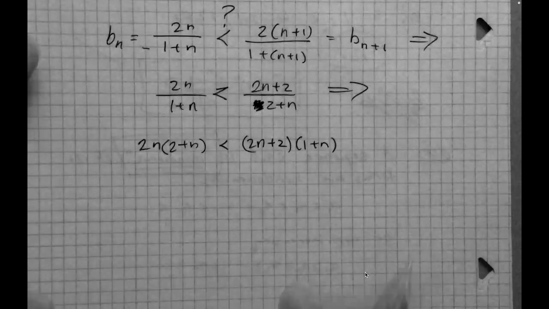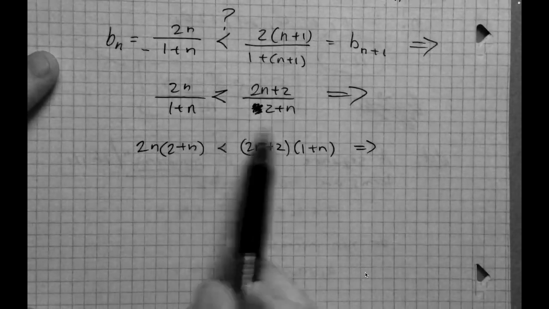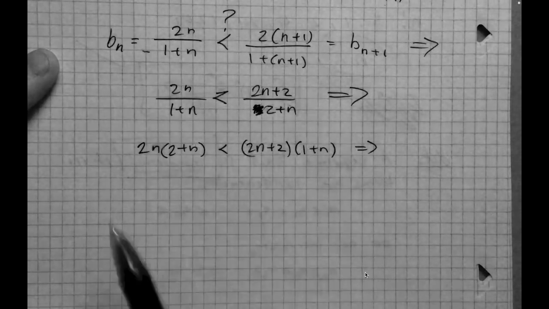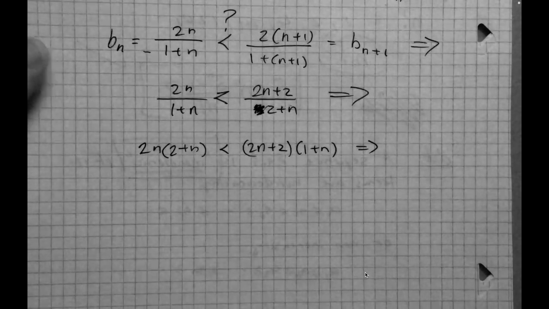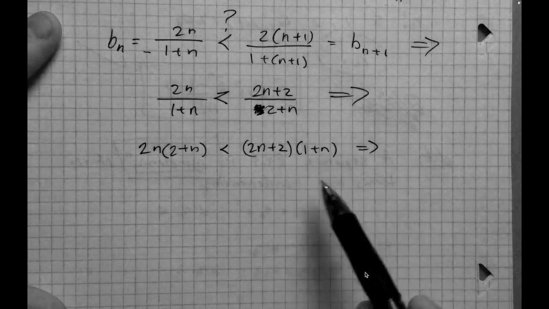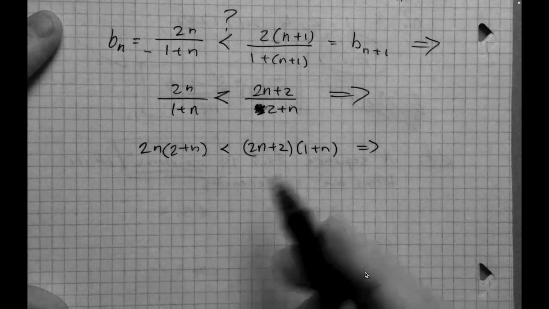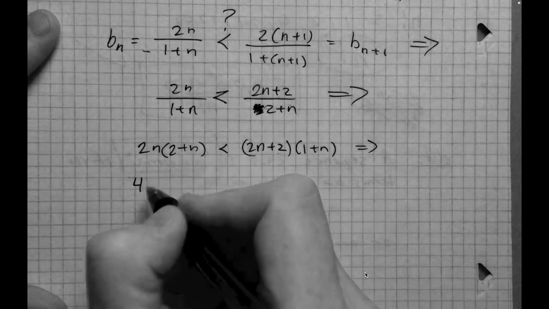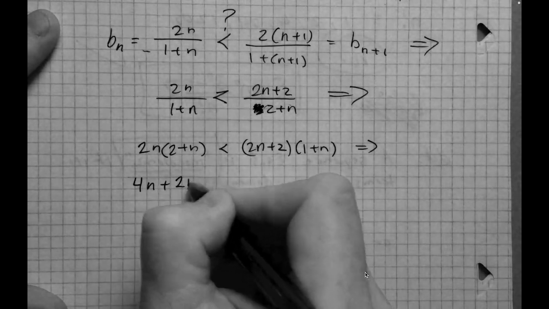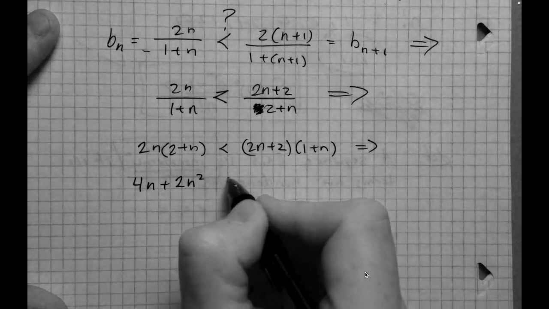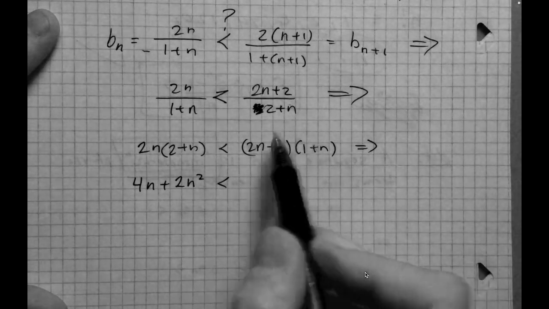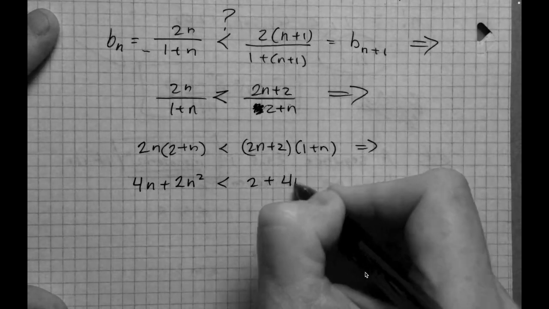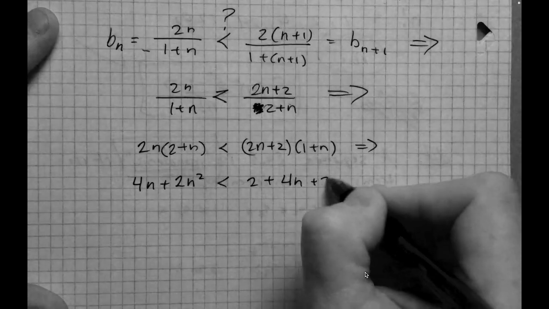That's just multiplying both sides up and cancelling the denominators. Let's expand this. I get 4n plus 2n squared on the left, and when I FOIL out the right side, I get 2 plus 4n plus 2n squared.